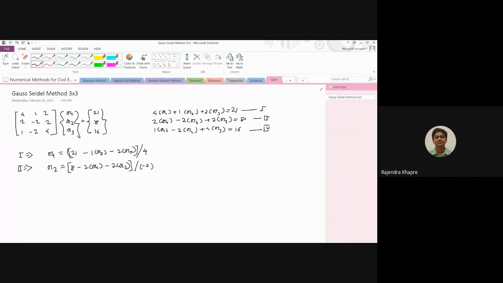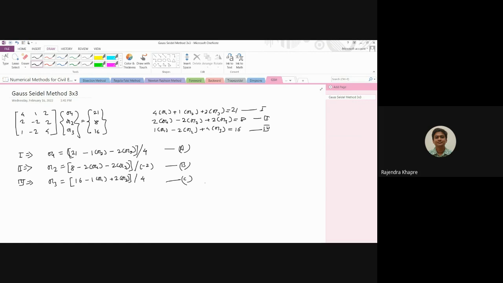And equation number 3 can be written as x3 equals, in a square bracket, 16 minus 1 times x1, then minus of minus, so this becomes plus 2 times x2, the whole divided by 4. So now you have three equations: A, B, and C.